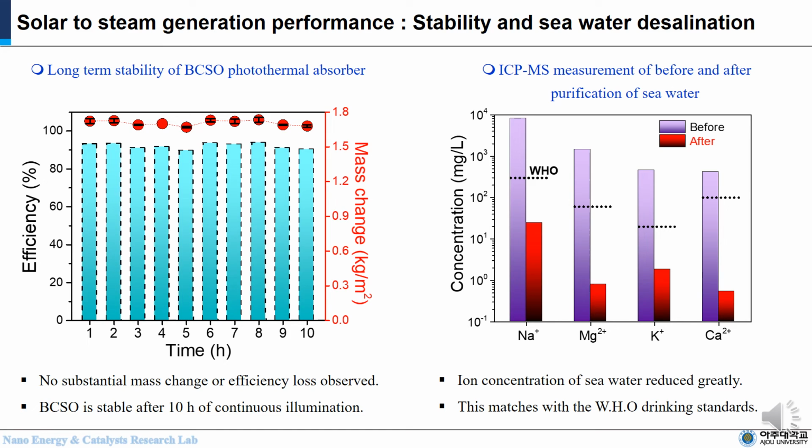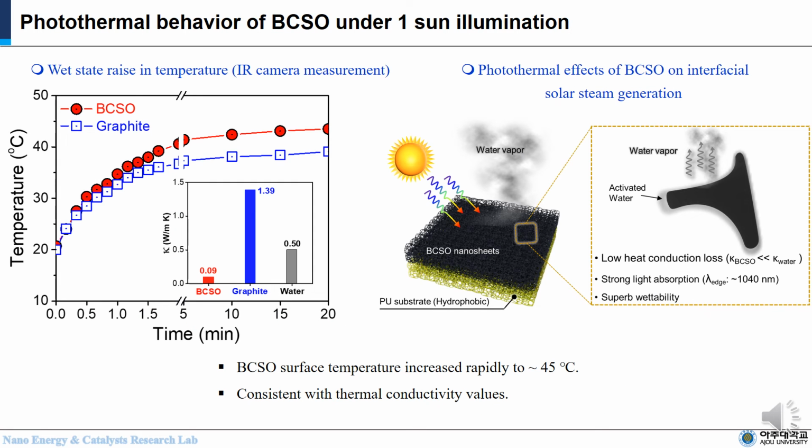Conclusively, combining the high efficiency desalination with strong light absorption properties makes BCSO a promising photothermal material for interfacial solar desalination. Furthermore, we analyzed the photothermal behavior of BCSO under one-sun illumination.